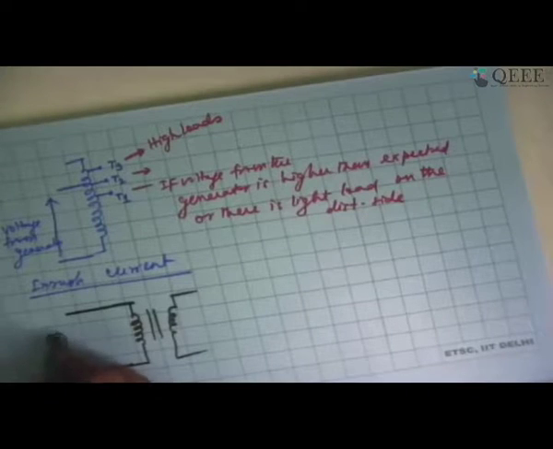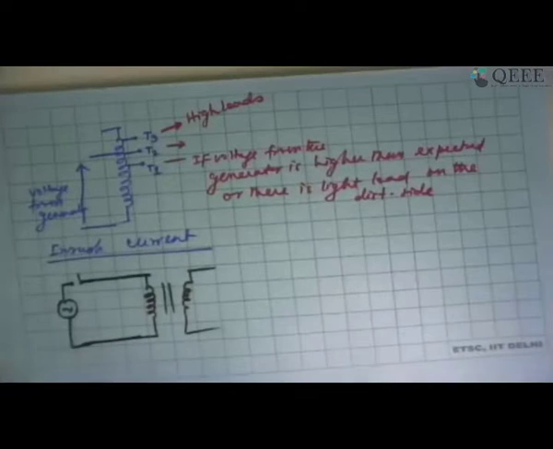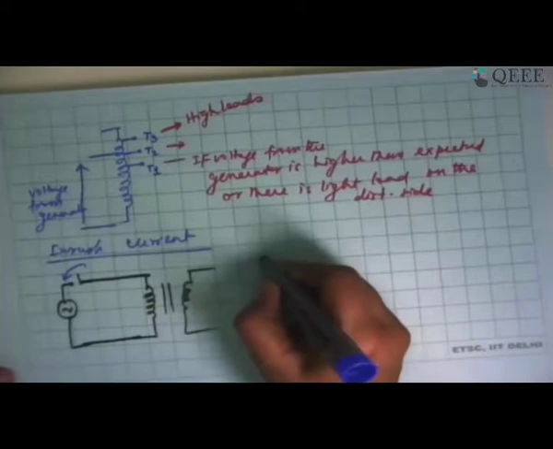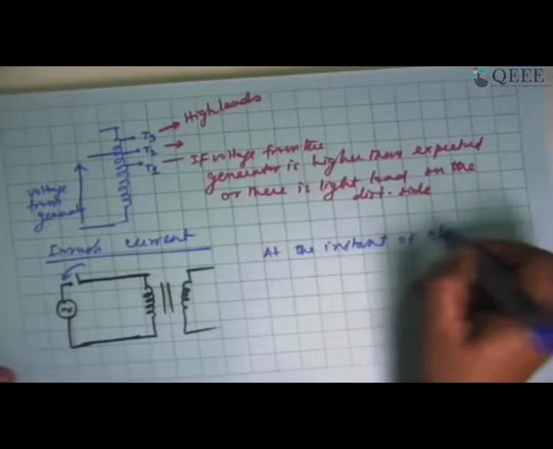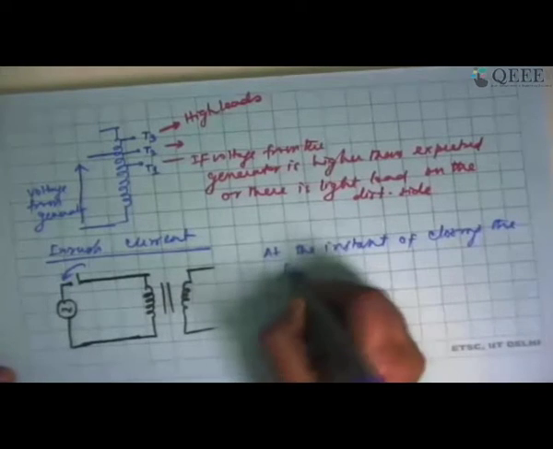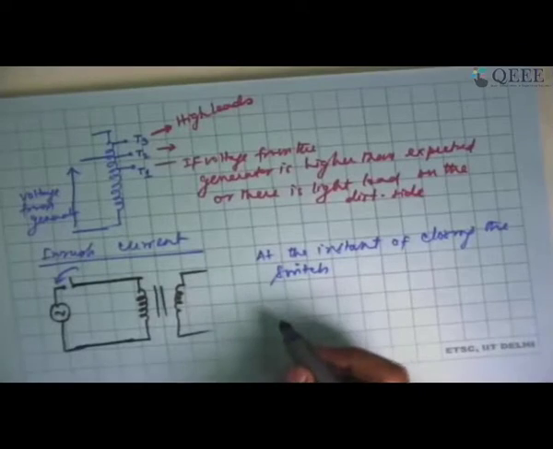Let us discuss inrush at this point. Inrush current in a transformer is essentially, let's say I have a transformer like this. When I connect it to a voltage source with the help of a switch, at the instant of closing the switch, you are making the current change from a minimum value to whatever is the rated value, or at least the no load value.